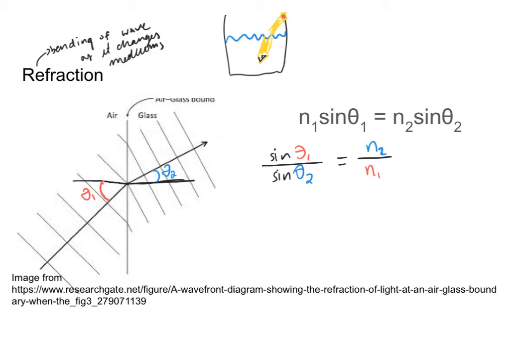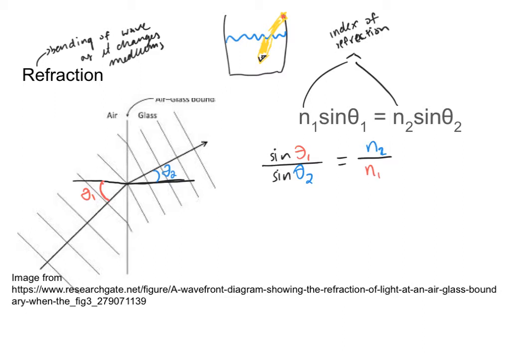Now, this n1 here and n2 as well both refer to my index of refraction. So this is kind of similar to the spring constant, in that it's something that is a quality of the medium versus something that we can measure. Or so we can measure it and we can calculate it, but it's something that is a quality of our medium. So it defines how quickly our waves can travel in that medium.